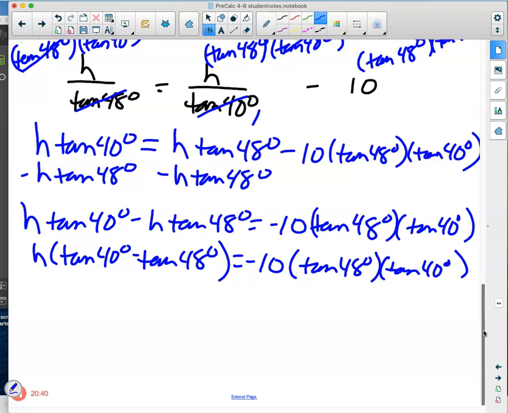It's still very ugly, and we still have to divide, because we have to divide both sides by the tangent of 40 degrees minus the tangent of 48 degrees.